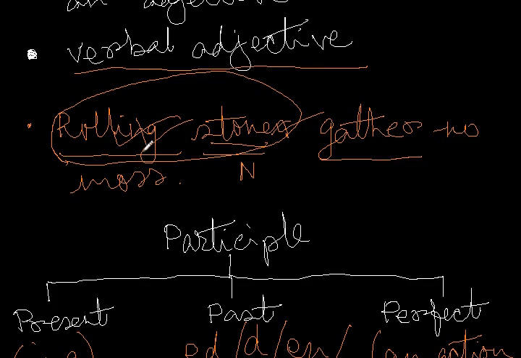So, this sentence actually has got a single verb, that is gather. Because rolling, though it looks like a verb, does the job of an adjective, and hence, it is a participle. What kind of participle? As we can see, it ends with ing and therefore it is a present participle.